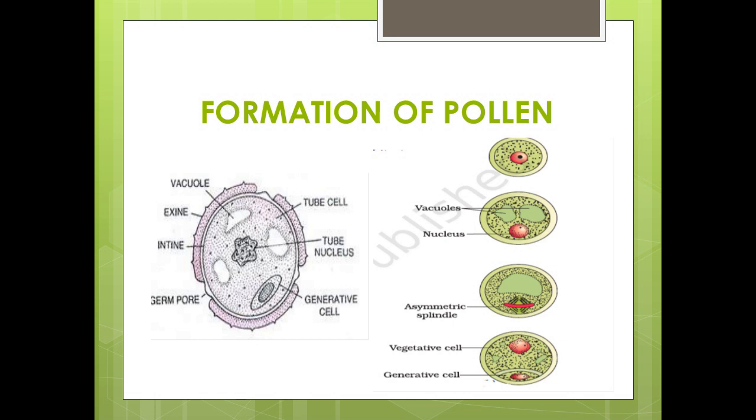The viability period is highly variable and to some extent depends upon the prevailing temperature and humidity. In cereals like rice and wheat, pollen grains lose viability within 30 minutes after their release. In some members of the families Rosaceae, Leguminosae and Solanaceae, they remain viable for a few months. So this is the structure of how a pollen is formed.